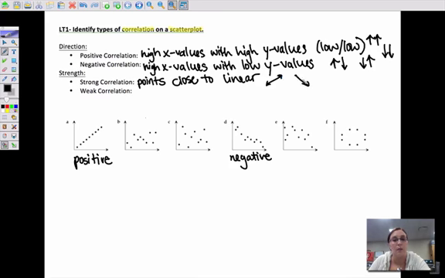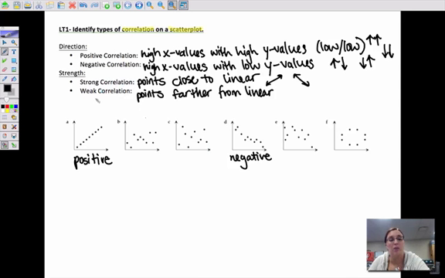So whether they go up or down, if they are pretty close to being linear, then it's said to be a strong correlation. A weak correlation has points farther from linear. So if there are more scattered points around, it would be called a more weak correlation.